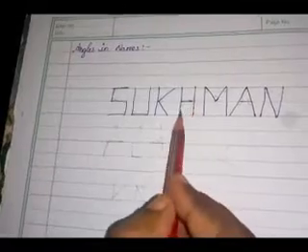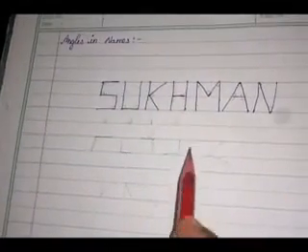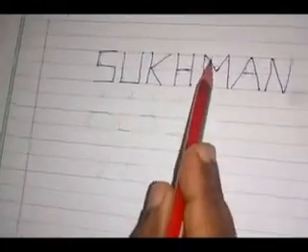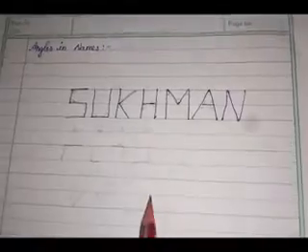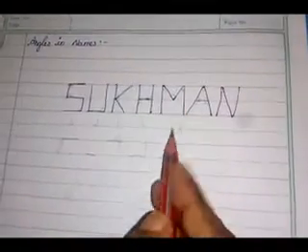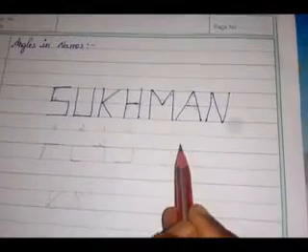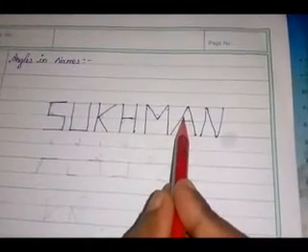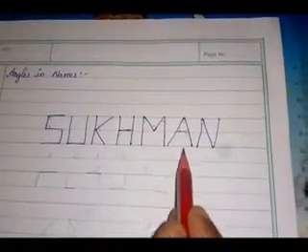Then here these are the right angles. Here comes this. This also is less than the right angle. This also is less than the right angle. How many angles? Three angles. Next letter. This also is less than the right angle. This also is less than the right angle. Okay.